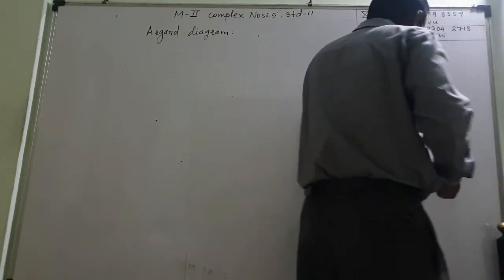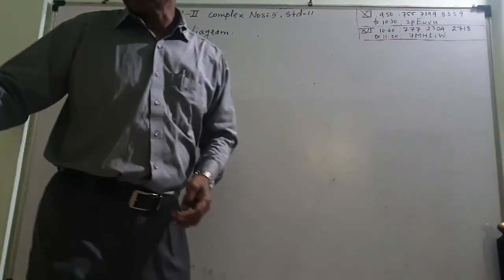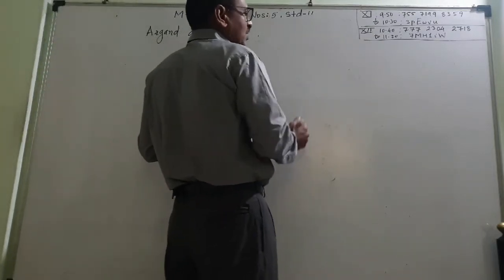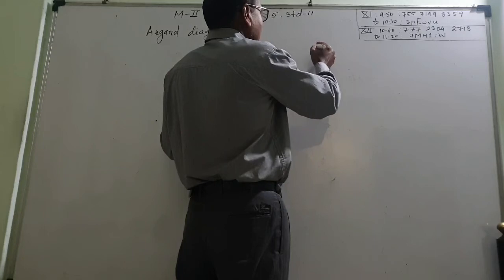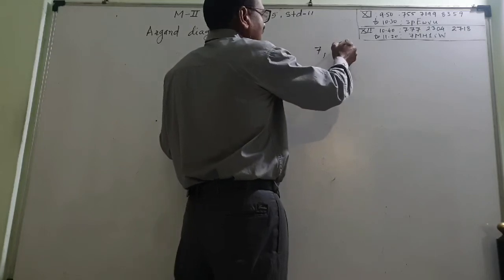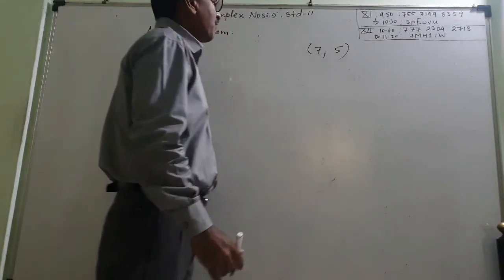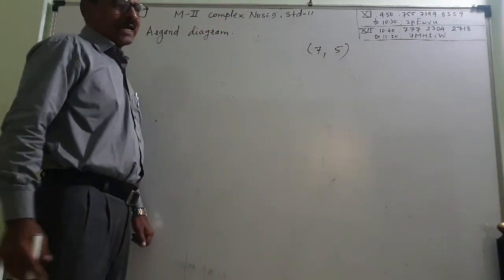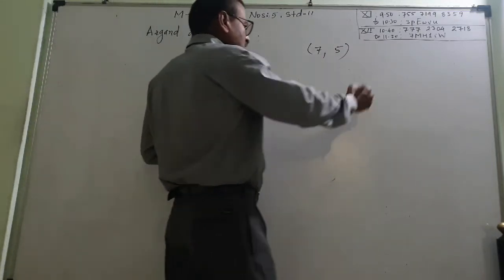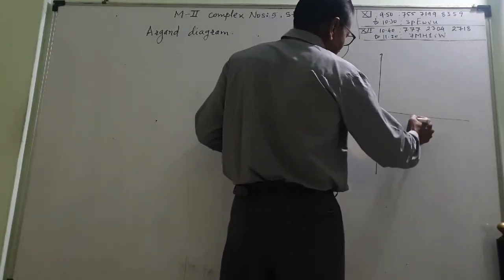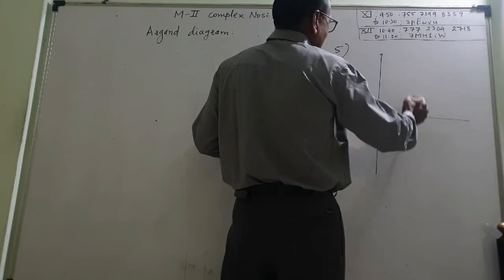From this, how to draw the Argand diagram? X coordinate and y coordinates are given. I have to find the Argand diagram. X coordinate is 7 and y coordinate is 5. So first of all I will draw the axis. Here it will be x and here it will be y.